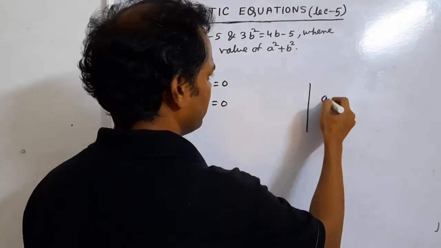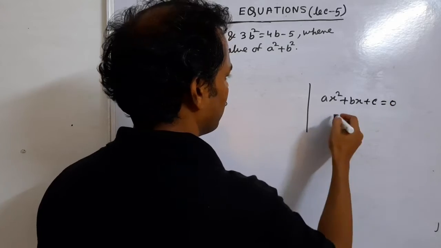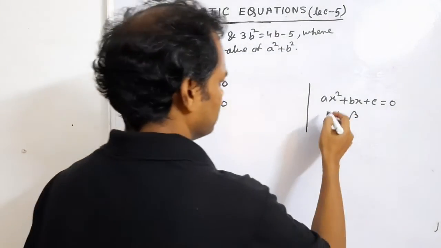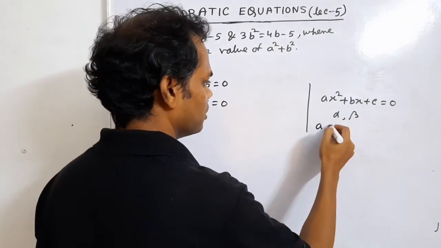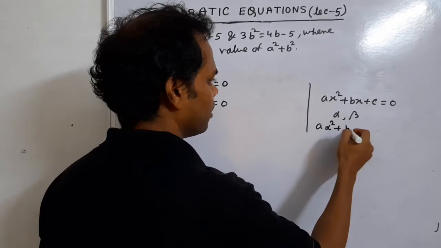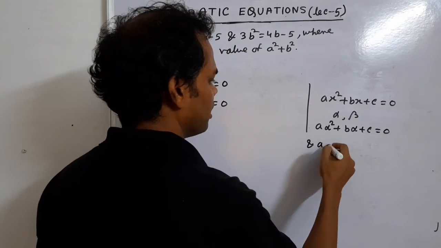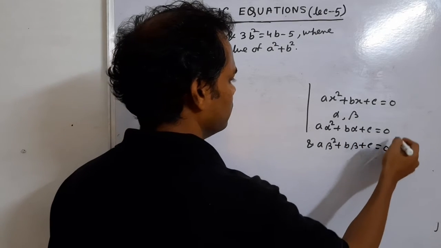Now you see that if ax square plus bx plus c equal to 0 has alpha and beta as two roots, then alpha and beta satisfy the equation. Then it can be written as a alpha square plus b alpha plus c equal to 0 and a beta square plus b beta plus c equal to 0.